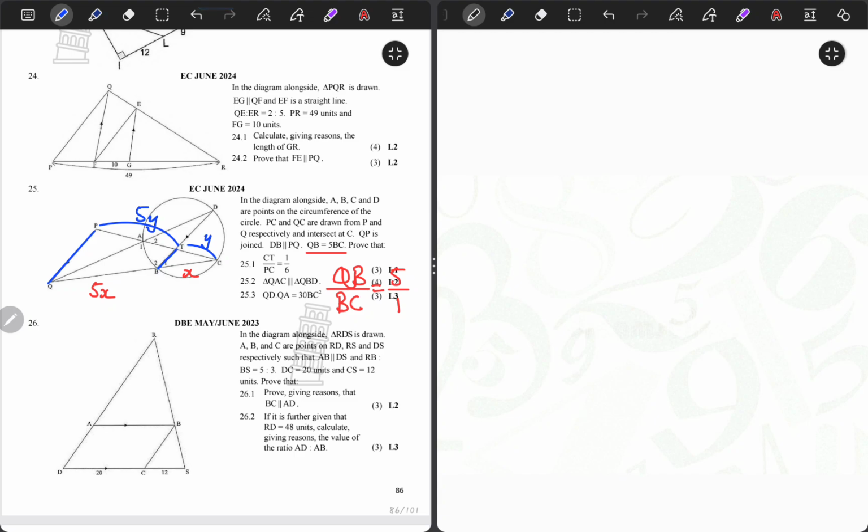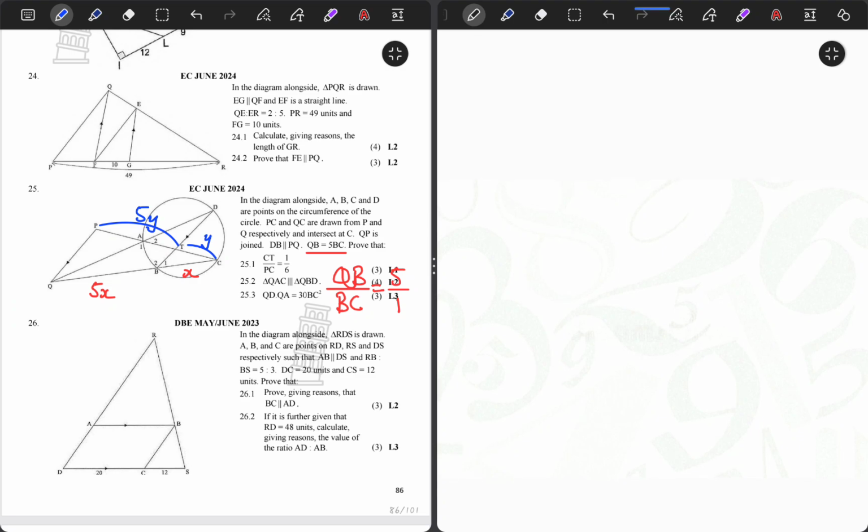Because they are parallel, you can think of the proportional theorem. The first question says we need to prove that CT over PC is 1 over 6.